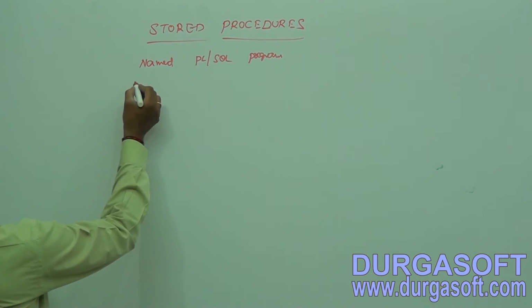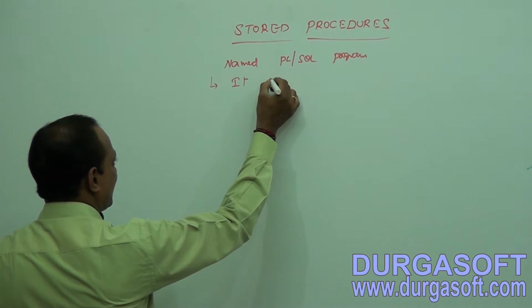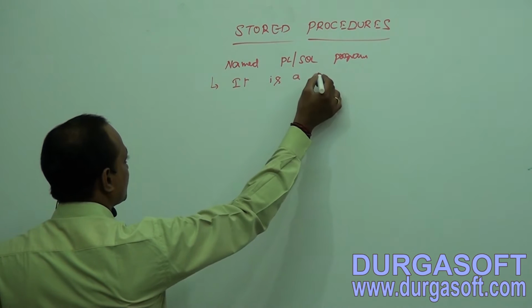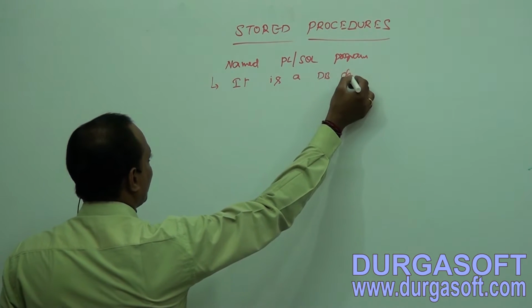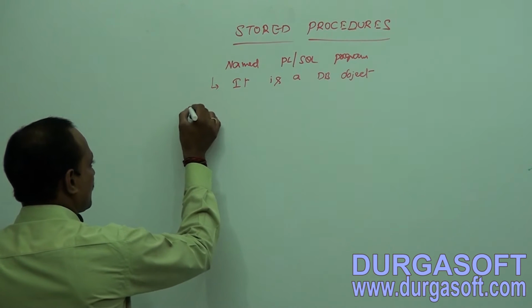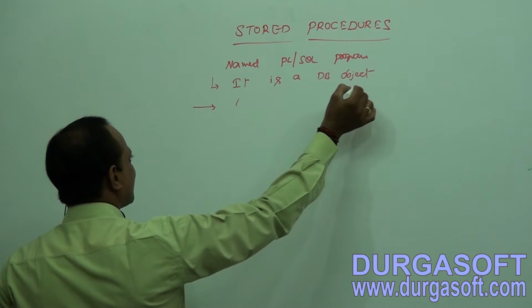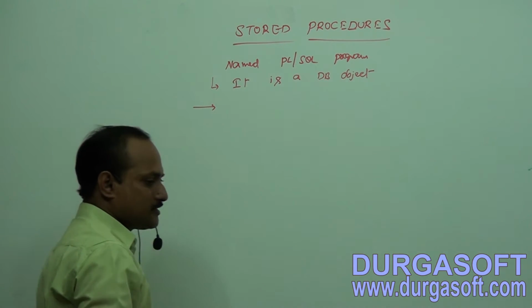According to the database, it is a database object, one of the database objects. Why is it considered a database object?